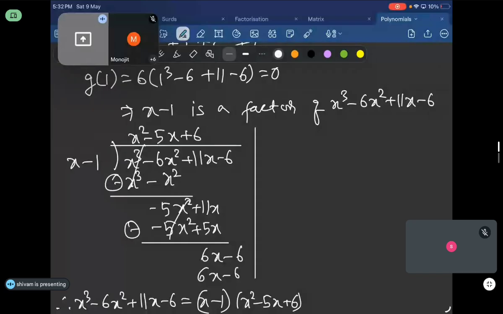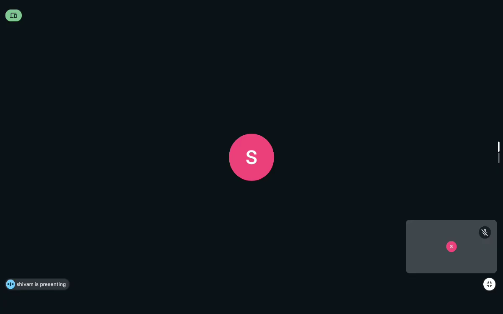I repeat, you group the terms in such a way that you can factorize x minus 1 out. So everyone, with x cube, what do I need? I need x square, in order to take x minus 1 out. So I'm going to write it as x cube minus x square, so that x minus 1 is outside common.